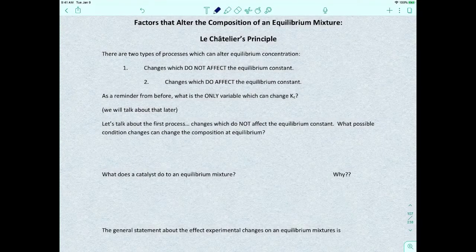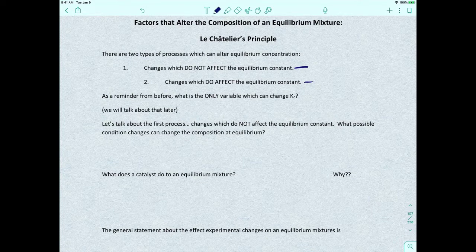When we look at a mixture that's at equilibrium, there's two types of processes that can alter the equilibrium concentration. Those two types could be categorized as changes that do not affect the equilibrium constant, so they're not changing the numeric value, or processes that do affect the equilibrium constant.